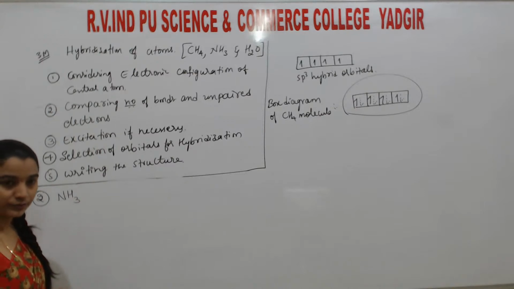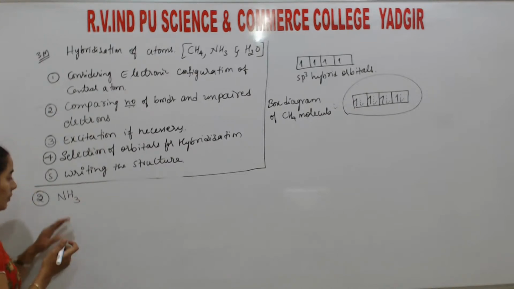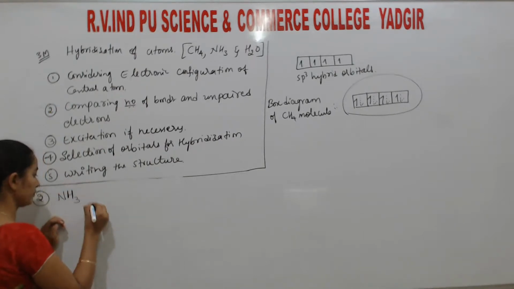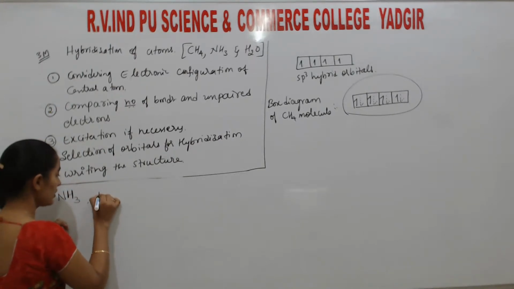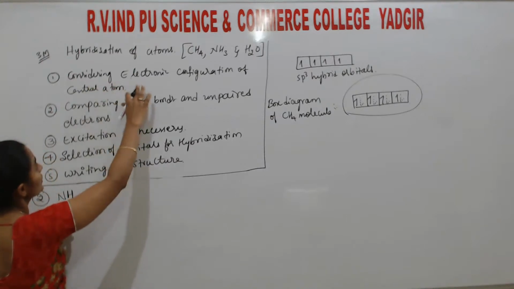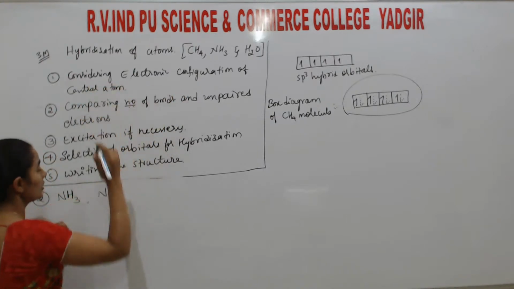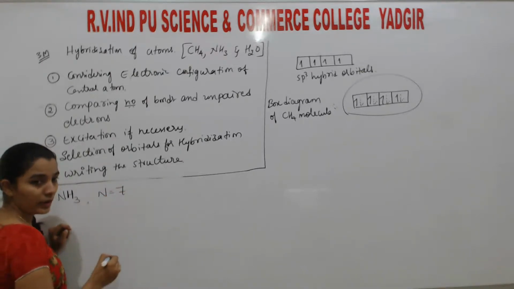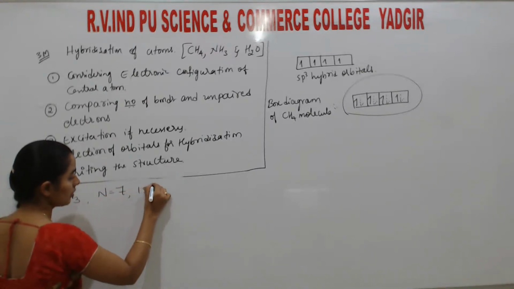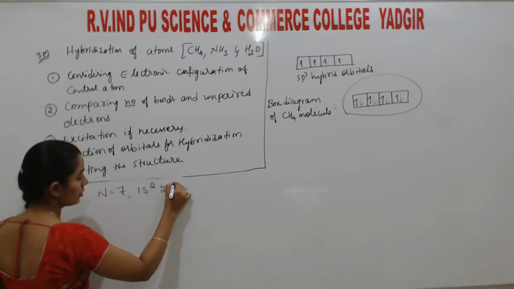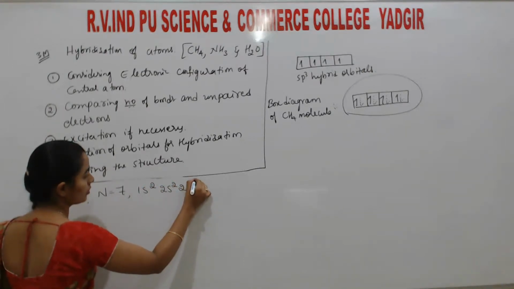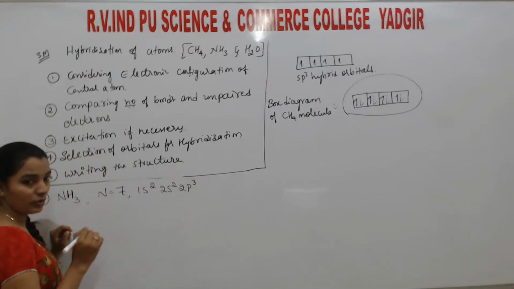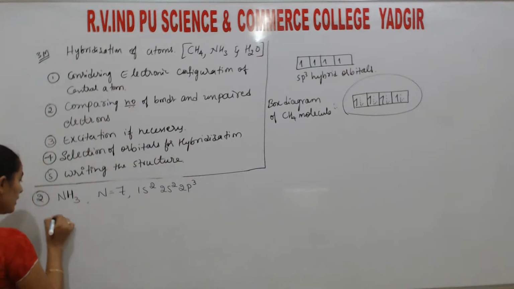So the next one is the NH3 molecule. Okay, remember. So nitrogen is here. Considering the electronic configuration of the central atom is the first step. Atomic number is 7. Electronic configuration is 1s2, 2s2, 2p3. Okay, next.